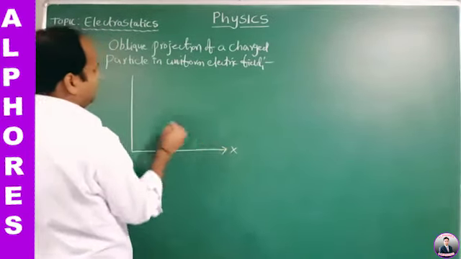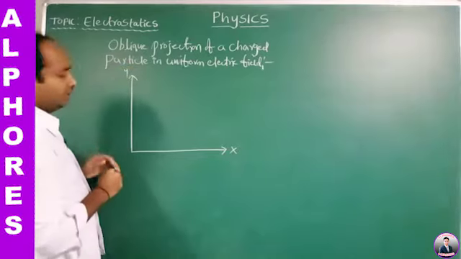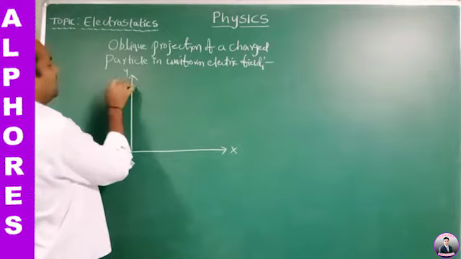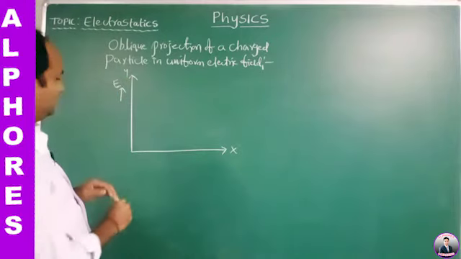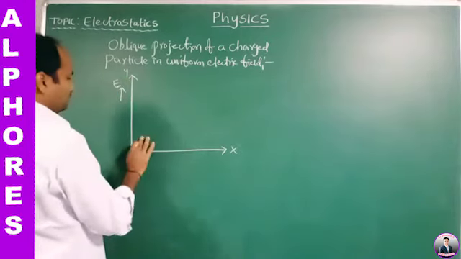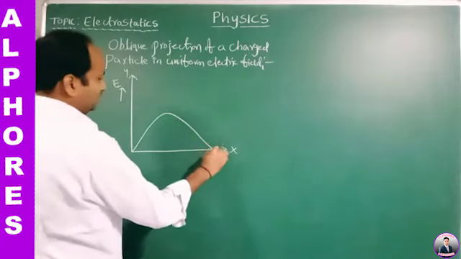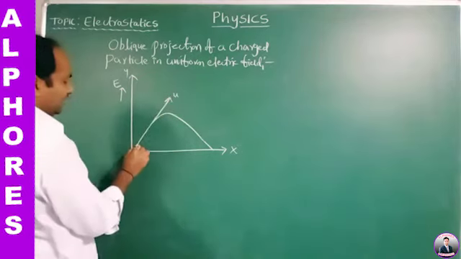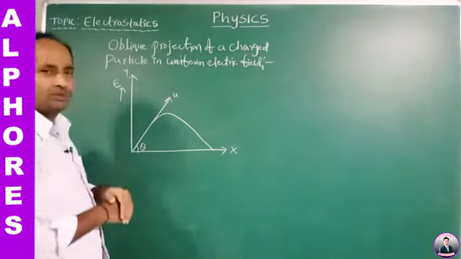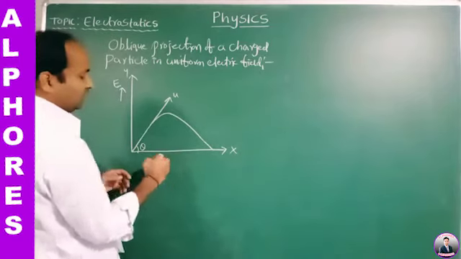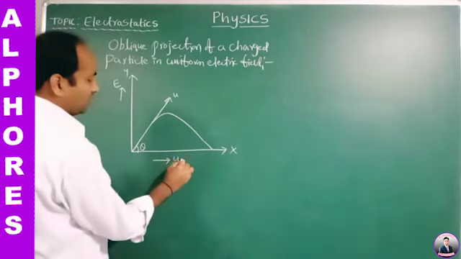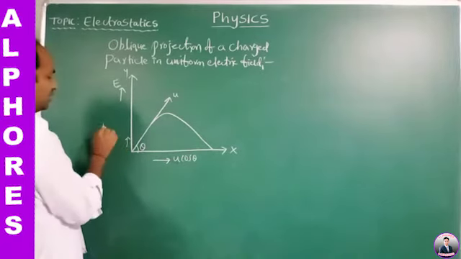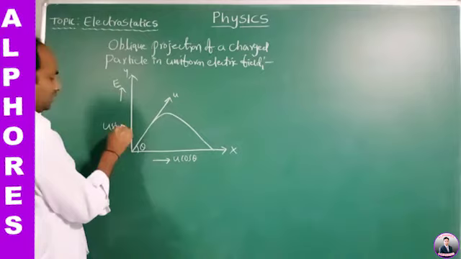An electric field is applied again in this case along the positive y-axis, and a charged particle is projected with an initial velocity u in the xy plane, which makes an angle theta with the horizontal. The velocity is resolved into two components: along the horizontal direction u cos theta, along the vertical direction u sin theta. No change here.